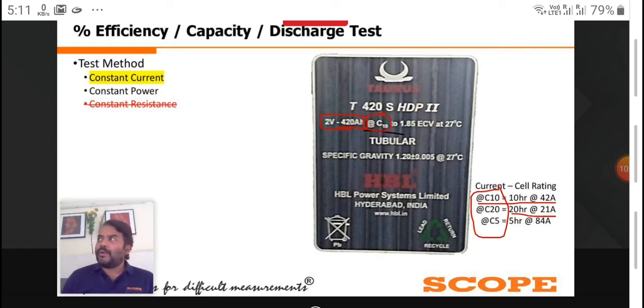So first of all, when I am replacing only one cell in the bank, it is recommended to charge that cell first, let it come to the healthy level of the other cells in the bank. Then replace the old cell with the new cell. That is the recommended practice.